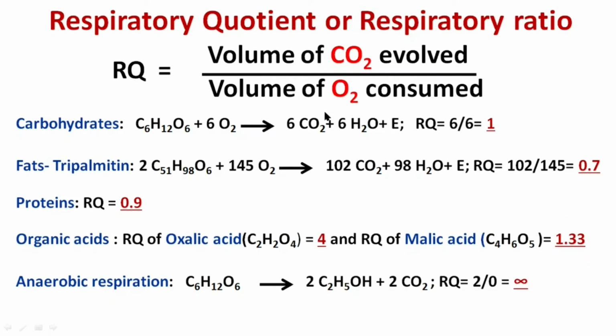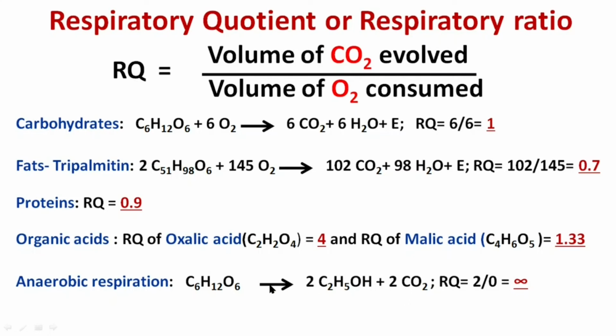So far, whatever we have seen is only for aerobic respiration. Let's see one example from anaerobic respiration. The example that we have taken here is alcoholic fermentation. When glucose enters the process of alcoholic fermentation, it produces 2 molecules of ethyl alcohol and releases 2 molecules of carbon dioxide.